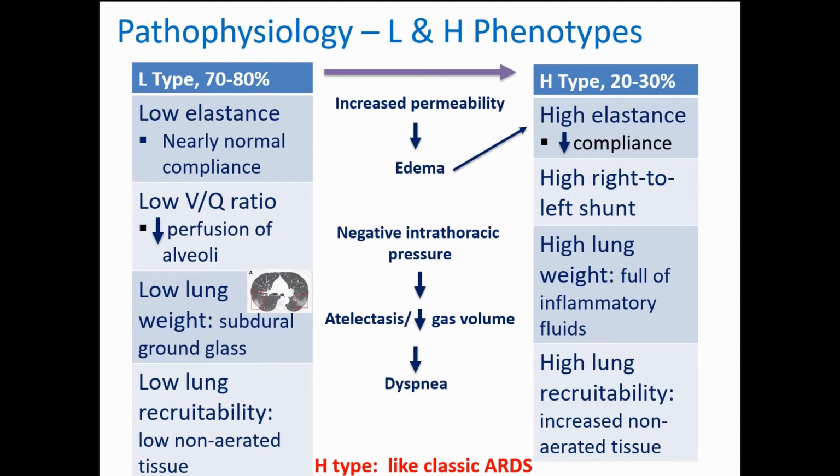Compliance is low, and there is a high lung weight, and this is not surprising because of the fluid accumulation, all those inflammatory cells, and especially you should also recognize that there are apoptotic processes going on simultaneously with this pathology, and that leads to lung recruitability, or increased non-aerated tissue.